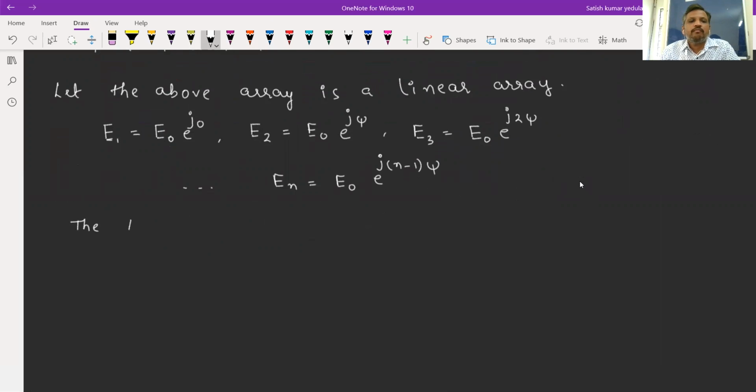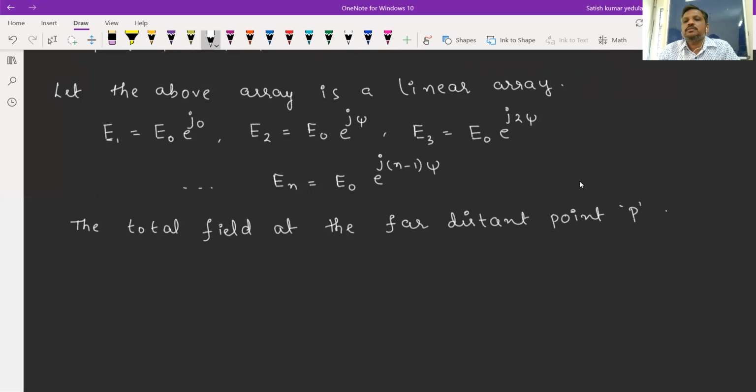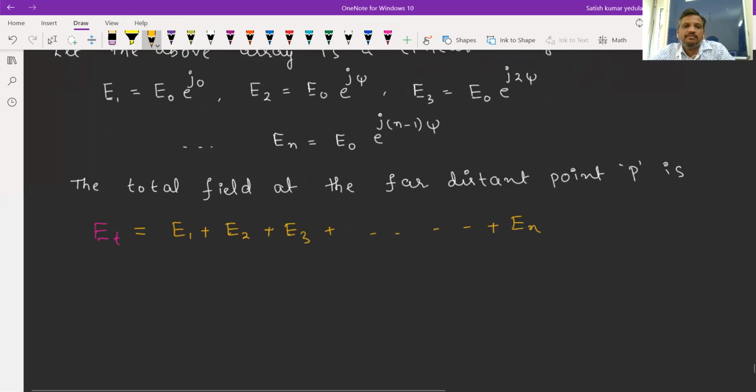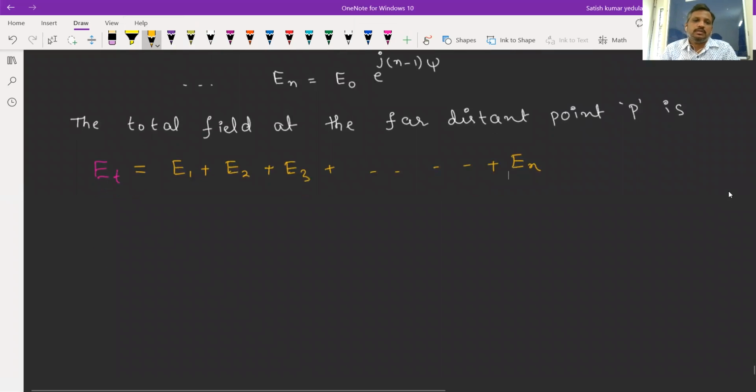The total field at the far distant point P, let us denote that with ET, is equal to E1 plus E2 plus E3 plus so on up to En. Don't represent this as 1 yet. After substituting the values, we'll try to represent it as 1.